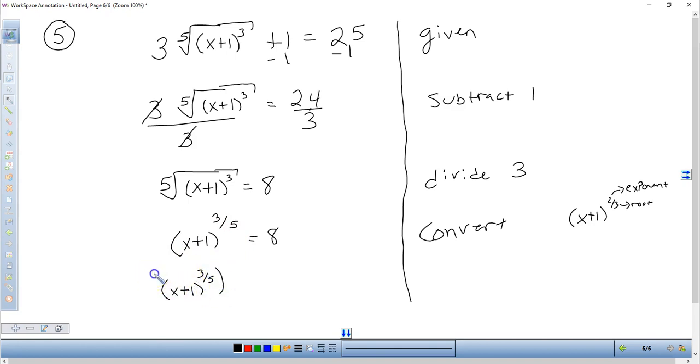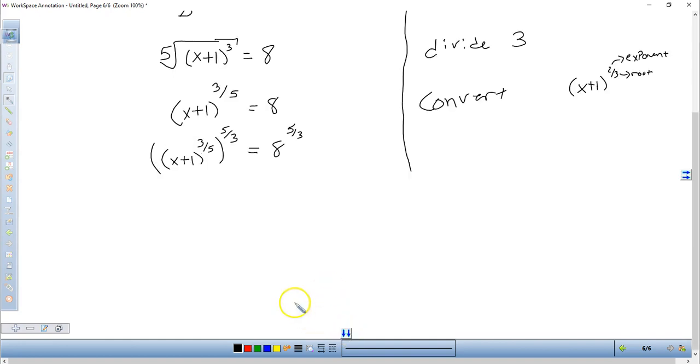Just like we did with the 2/3, we raised it to the 3/2. I'm going to raise this one to the reciprocal, which is 5/3. And radicals cancel off.